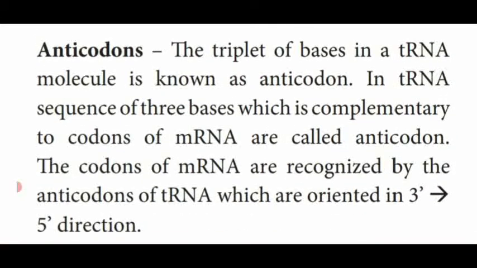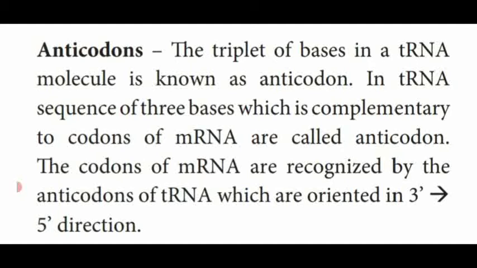Next one, anticodon. So this is also a triplet of nitrogenous bases in a tRNA molecule, known as anticodon. Dear students, last year in the last lesson, the biomolecules lesson, you have seen the structure of tRNA, which contains 4 arms.